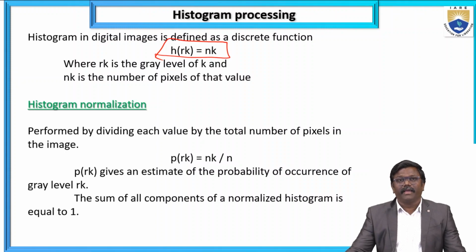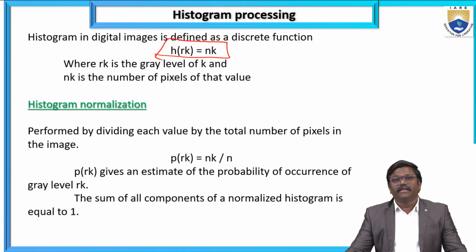What is rk? It is the gray level of the kth, and nk is the number of pixels, the values which we consider as the input to the histogram equalization. Before we apply this mathematical principle, we can also apply the normalization process for the improvement of performance of a particular histogram processing.